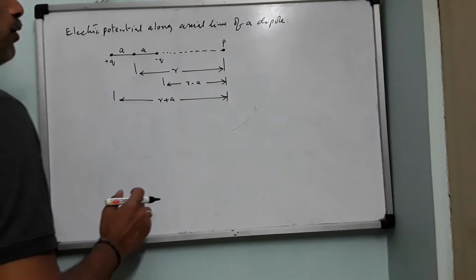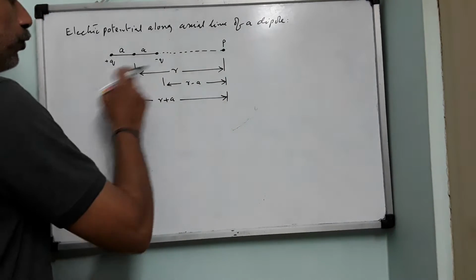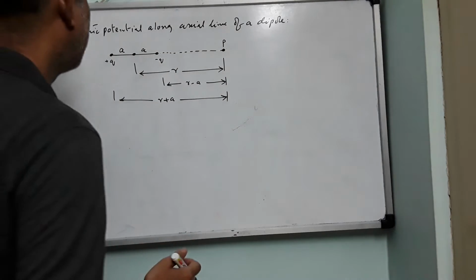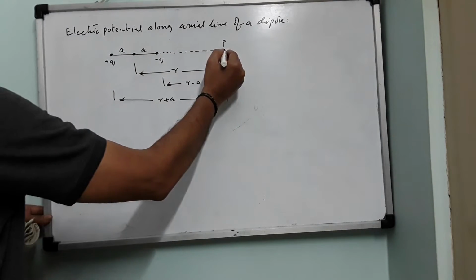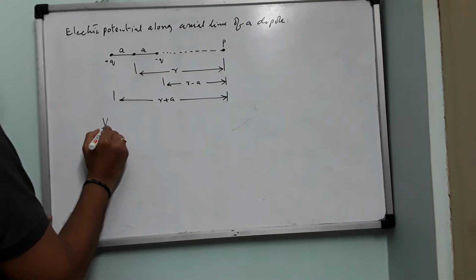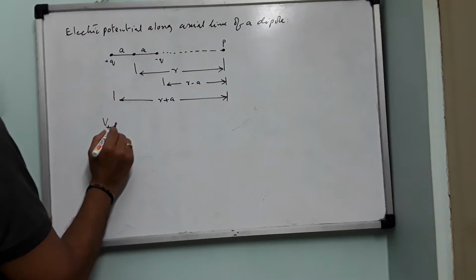Now I would like to calculate potential due to individual charges at point P, and then add them up.